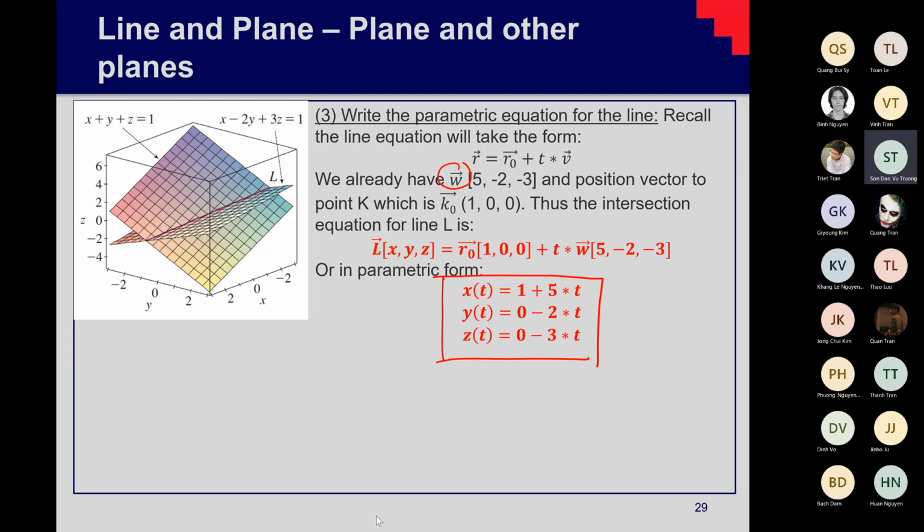The second condition, the line is coincident to plane P1 if the vector u is orthogonal to vector v and AB vector is orthogonal to vector v. And last, the line L is intersecting the plane P1 if vector u is not orthogonal to the vector v.